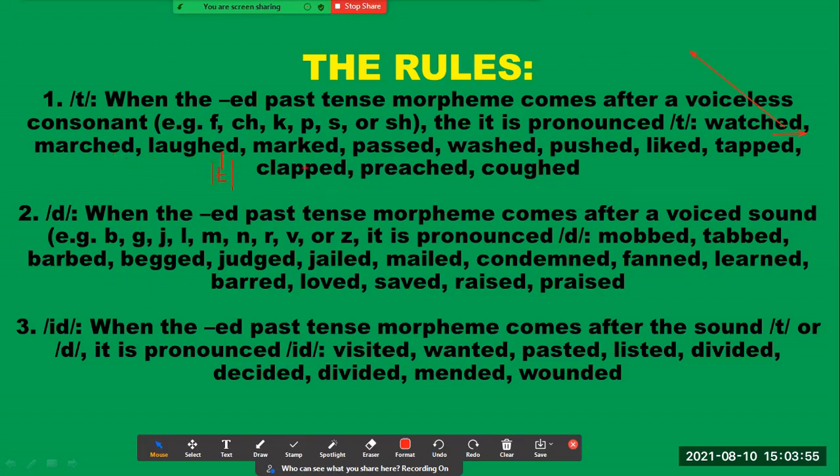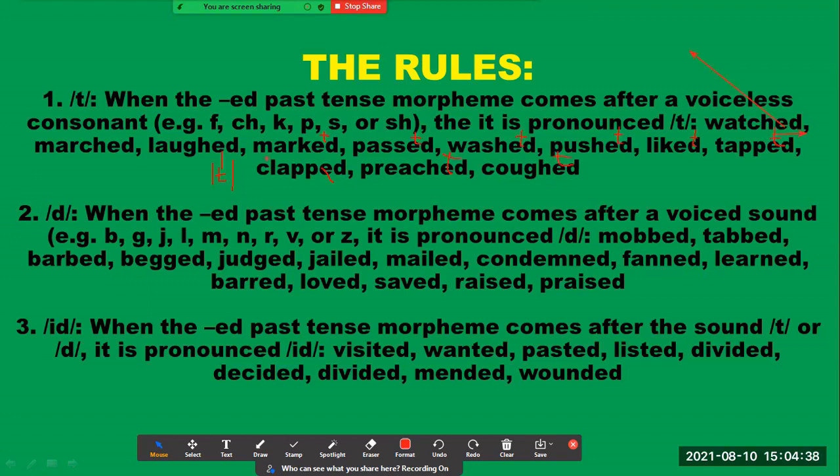The same thing in clapped, it is clapped. Here it is marked, T, marked. Passed, all right? Washed, washed. Pushed, pushed. Liked, liked. Tapped. Again, you see T representing ED in all these places. Then preached, preached. Cuffed, cuffed.